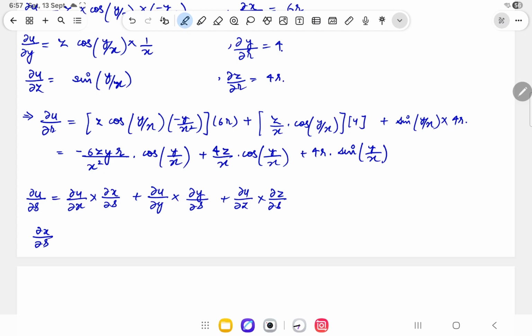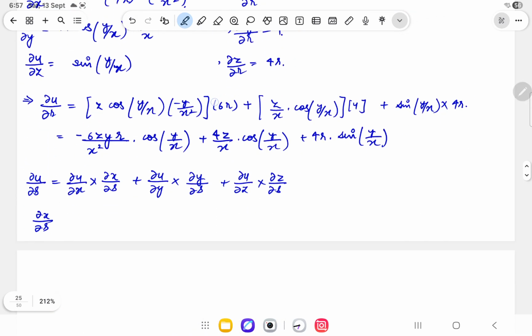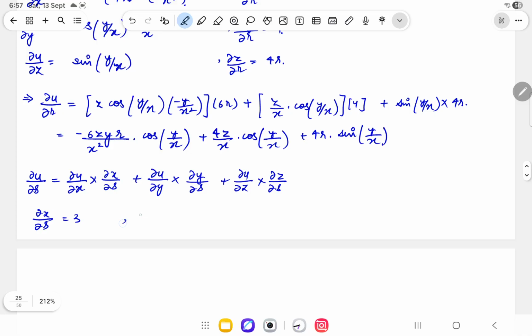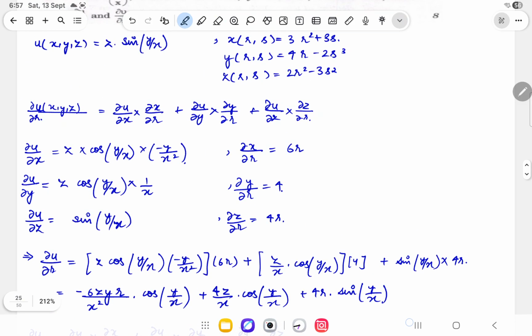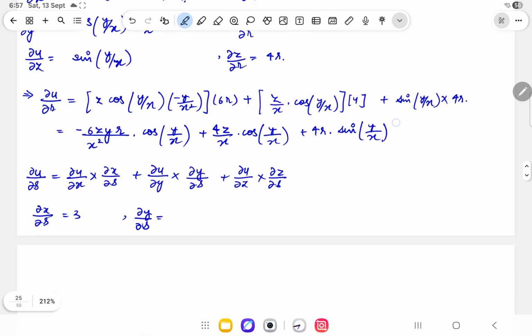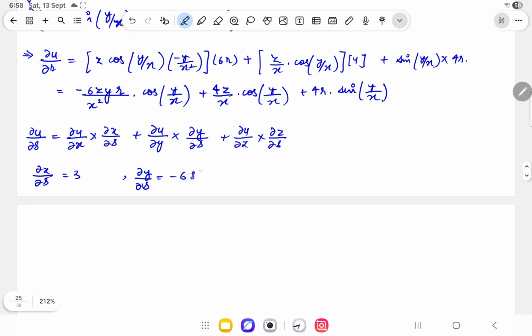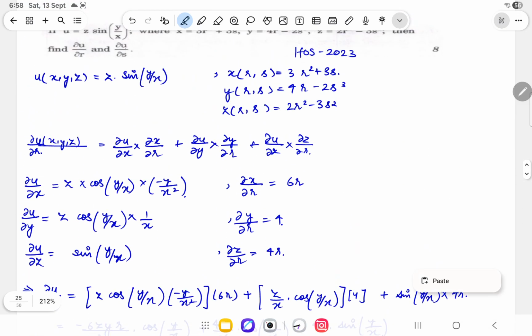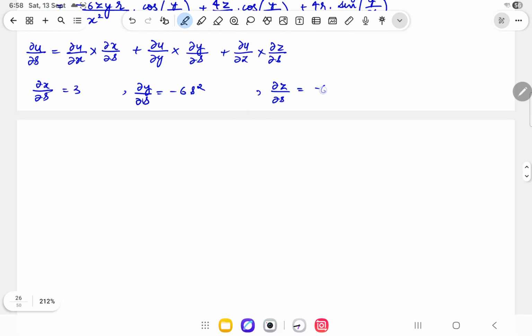that is equal to 3. ∂y/∂s is equal to 6 minus 6xs square, and ∂z/∂s is equal to minus 6s.